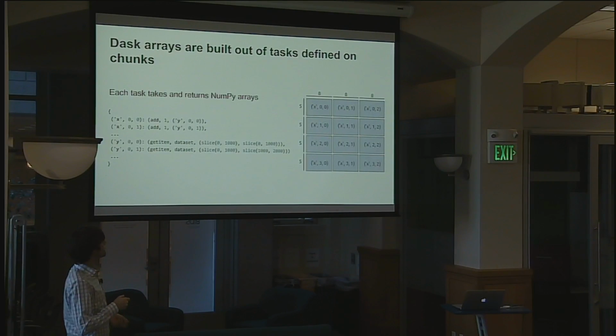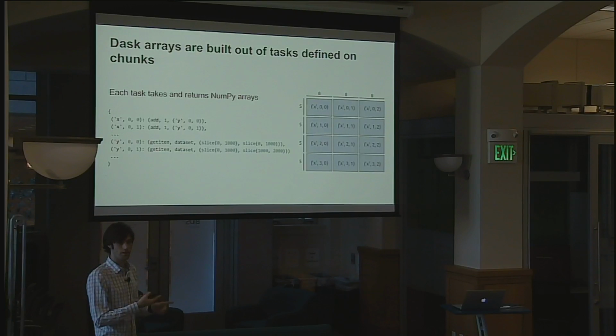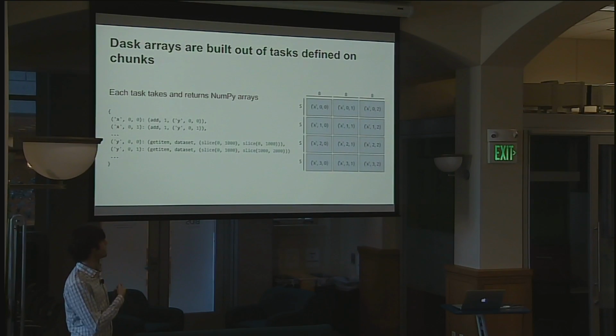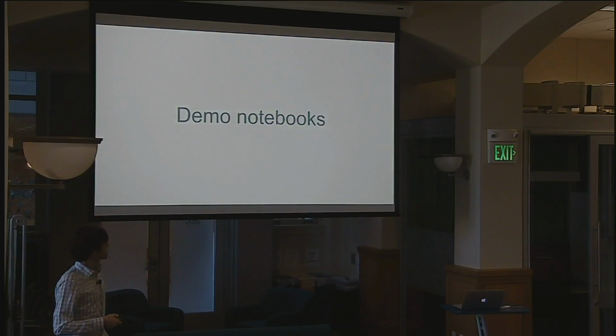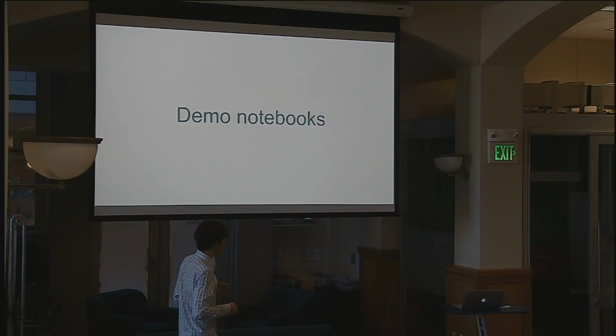If NumPy can handle, say, a 1,000 by 1,000 matrix with 1 million elements pretty well, I'm just going to define things in terms of a whole bunch of little operations on arrays of 1 million elements. And then it's just a matter of putting them all together and figuring out how to actually execute these tasks. So with that, I'm going to show you a little demo.